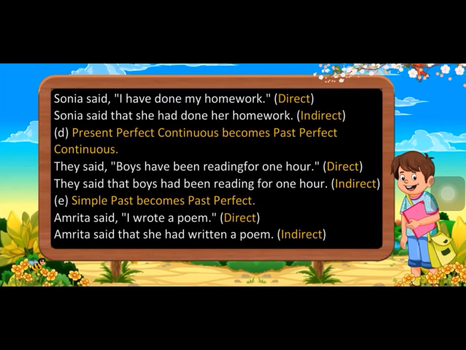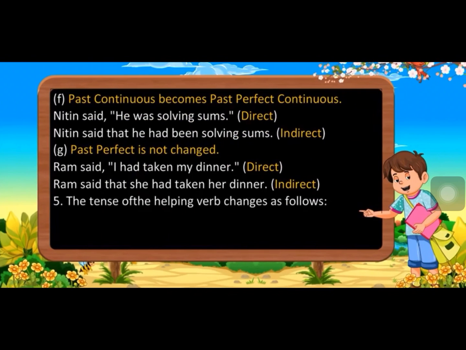Even past and future also in the same way, 4 will be there. Past continuous becomes past perfect continuous tense. Past perfect is not changed. If the reported speech in direct speech is in past perfect, it comes as usual in indirect speech also.